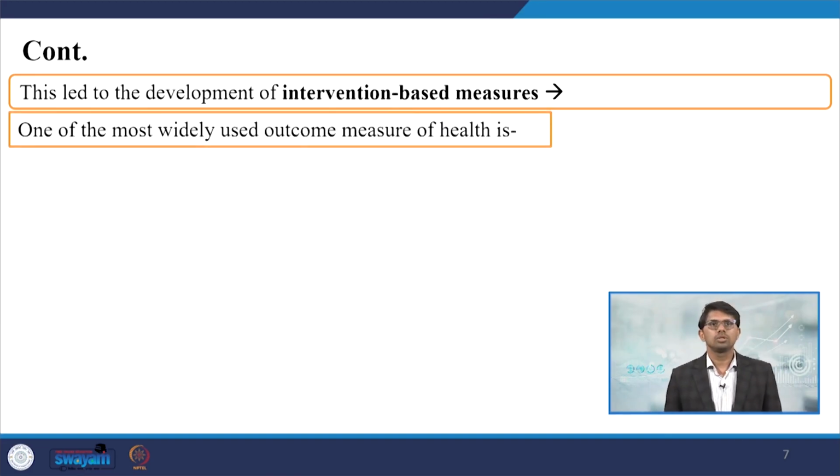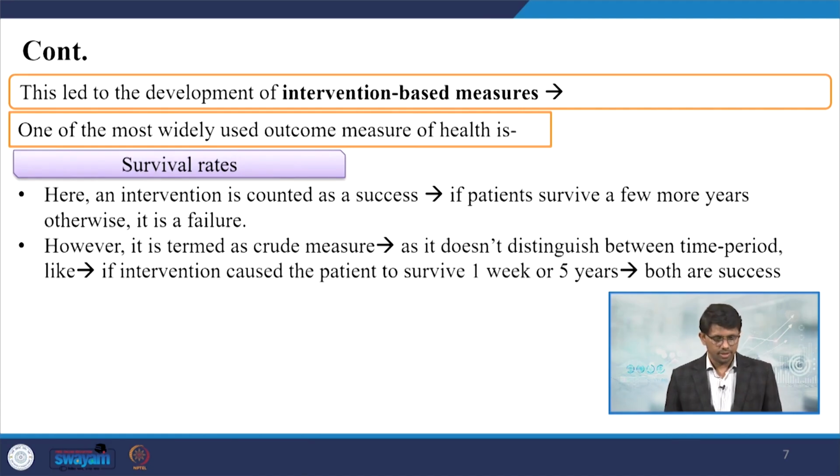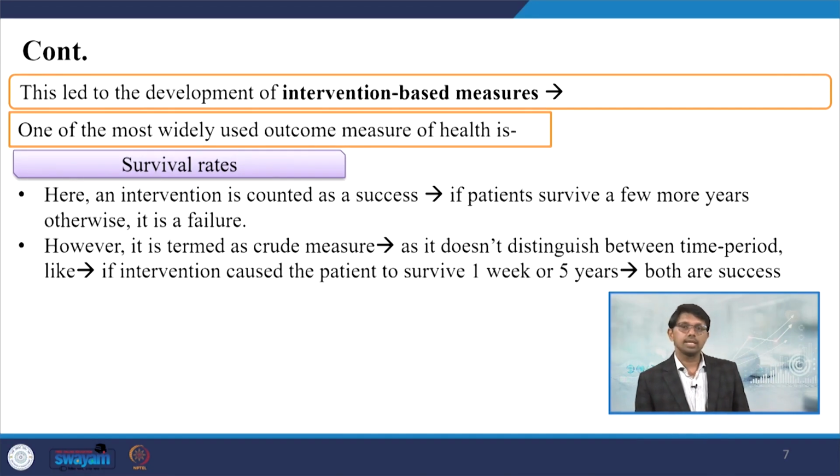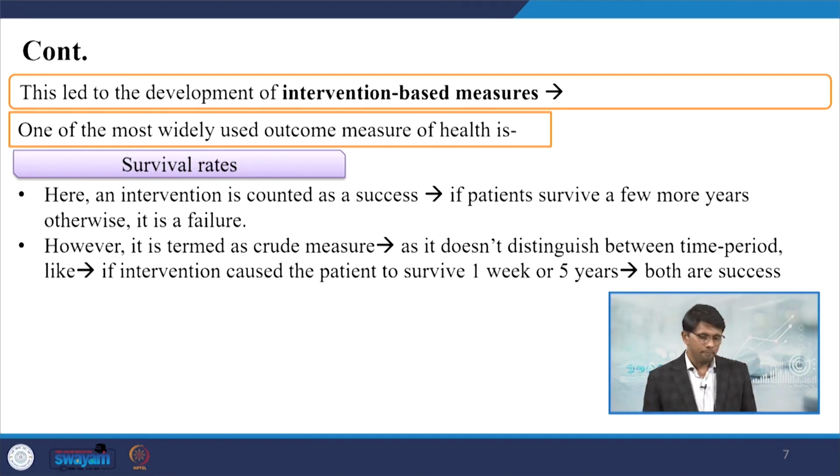One of the most widely used outcome measures of health is the survival rate, which we will explain right now. Here an intervention is counted as a success if patients survive a few more years, otherwise it is simply considered a failure.